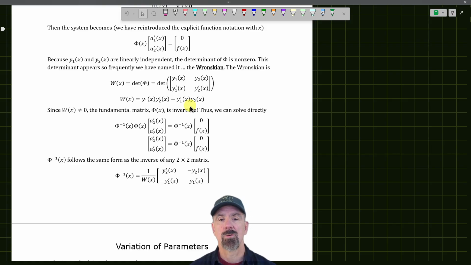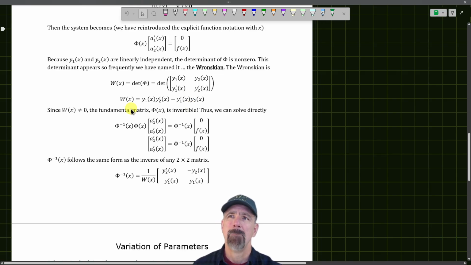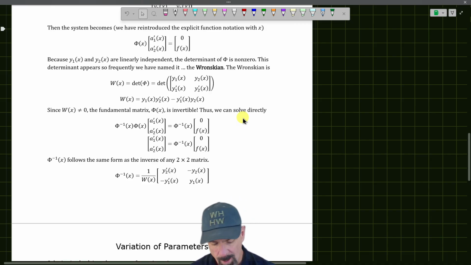But we knew they were linearly independent in the beginning because that's how we constructed the complementary solution. So because the Wronskian is non-zero and we have these linearly independent solutions, then our fundamental matrix is invertible. And we're going to leverage that piece of information in order to actually solve for a1 prime and a2 prime.